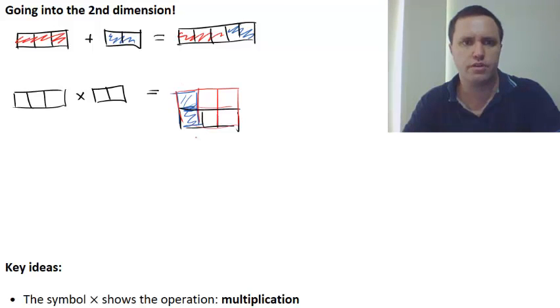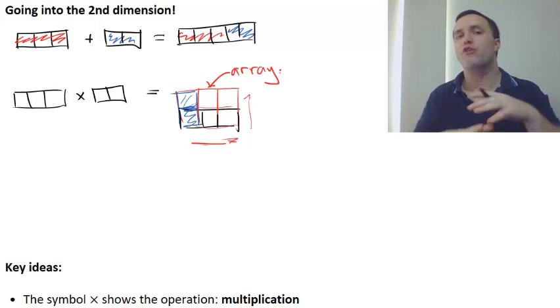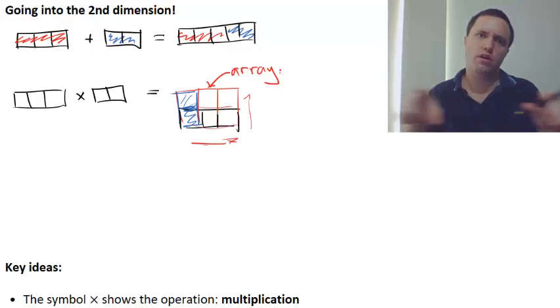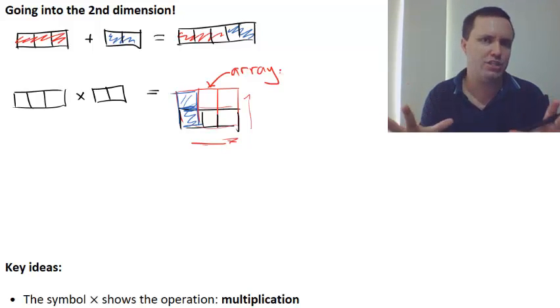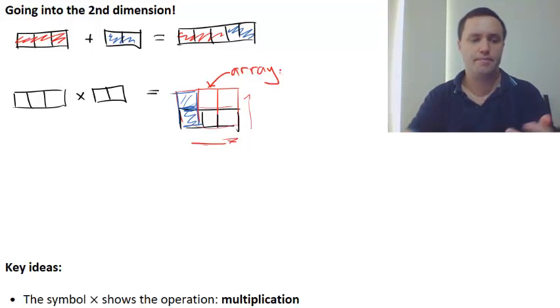It's 3 going this way, and 2 going this way. And this is called an array. So when we're multiplying, we're creating arrays, we're creating areas. When we're adding and subtracting, we're mucking around along a line, whereas when we move into multiplication, we're starting to create areas, we're starting to move out in different dimensions.